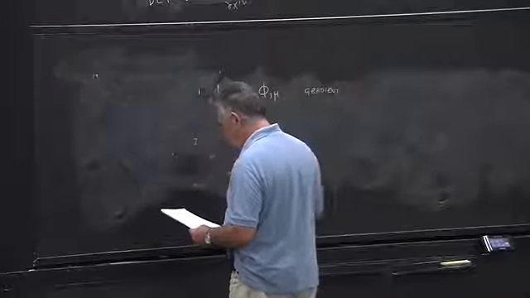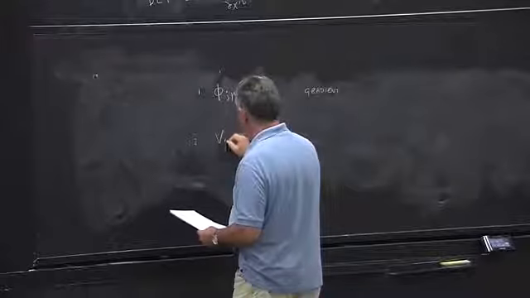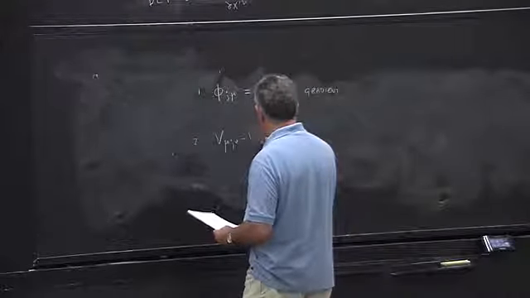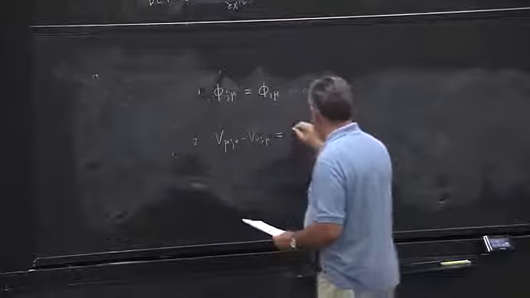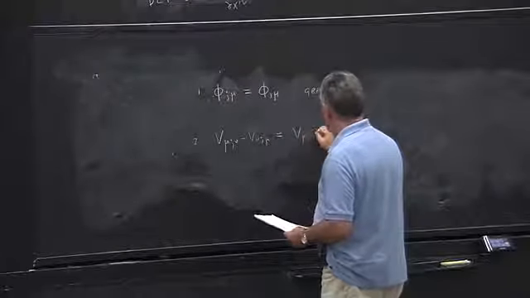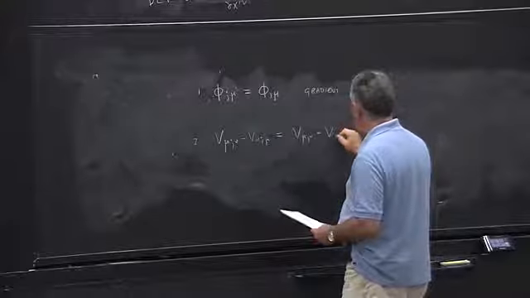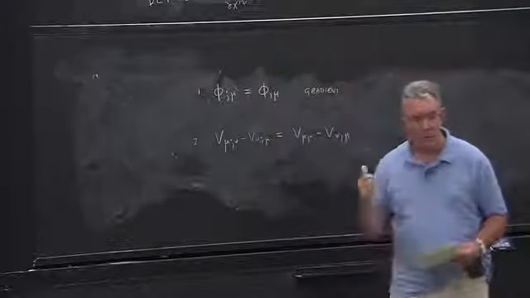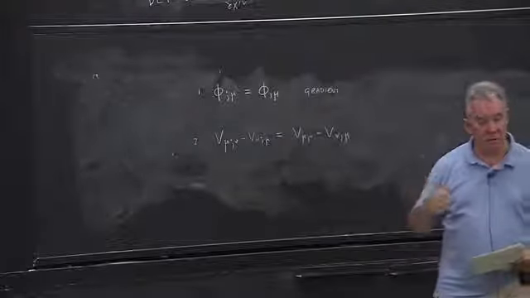The curl of a vector is similarly v_{nu;mu} minus v_{mu;nu}, which is the same as v_{nu,mu} minus v_{mu,nu}, because the extra term involving gammas cancels out.